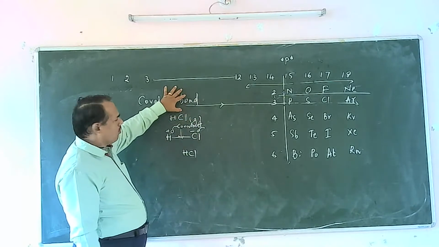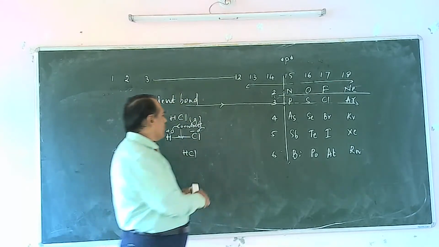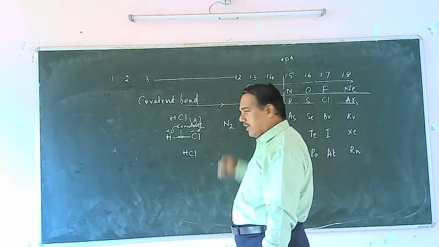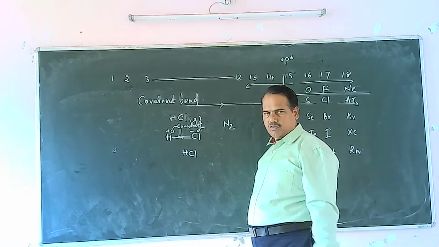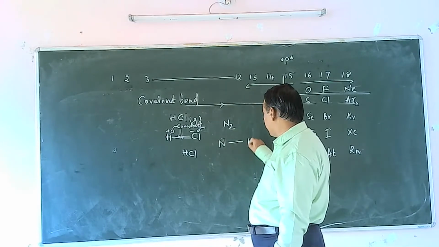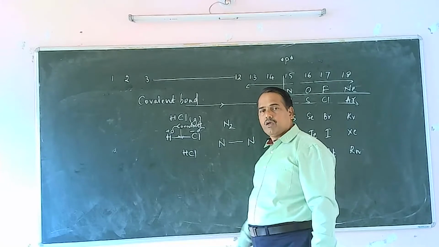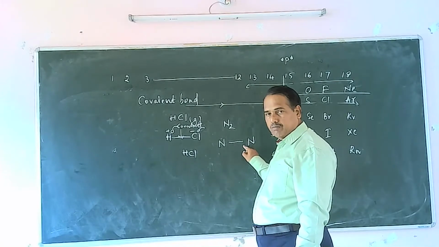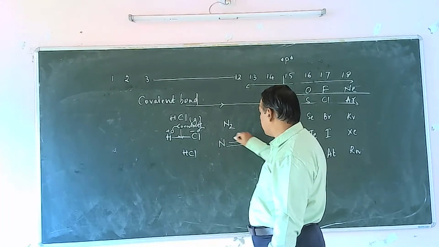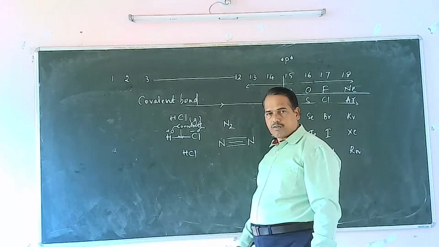This is called covalent bond. So you can observe covalent bond in diatomic molecules like dinitrogen, oxygen, hydrogen. Here nitrogen forms a covalent bond with another nitrogen atom. See, in nitrogen we can find a triple bond.